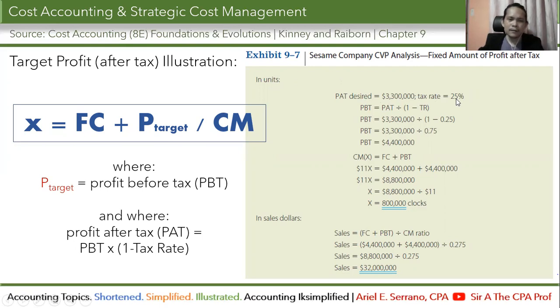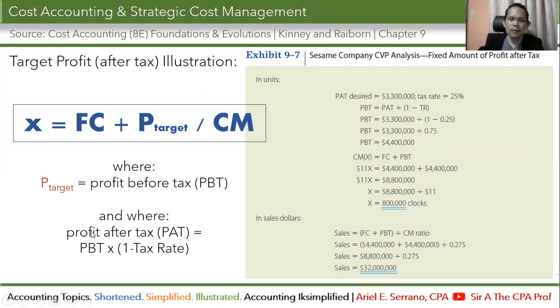Ito ay ang relationship: kung ang plus ang kanyang kabangga ay minus, ang times ang kanyang kabangga ay divide. Diba? Kung times tayo dito, yung profit before tax mo times yung 1 minus tax rate, dito, yung profit after tax is divided by 1 minus tax rate para makuha natin yung profit before tax.